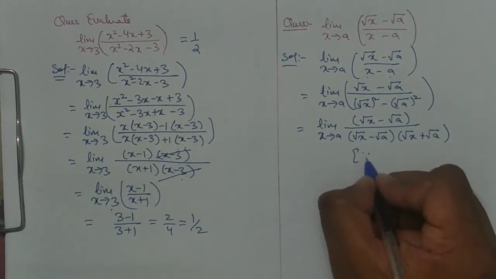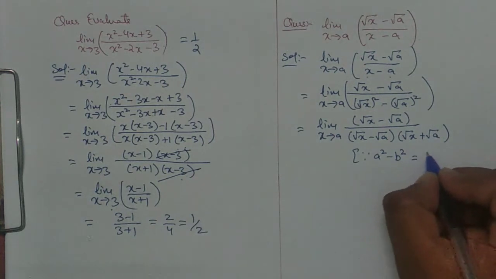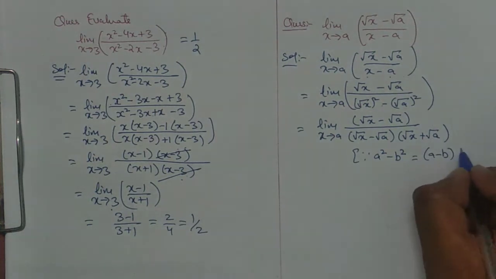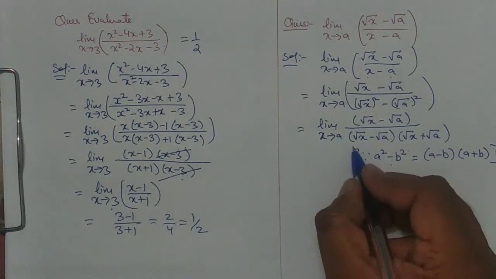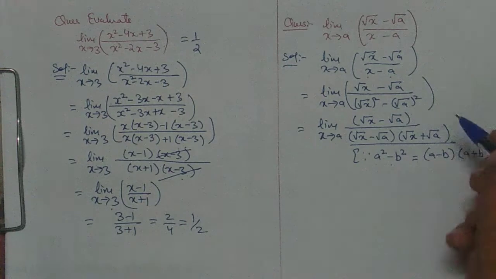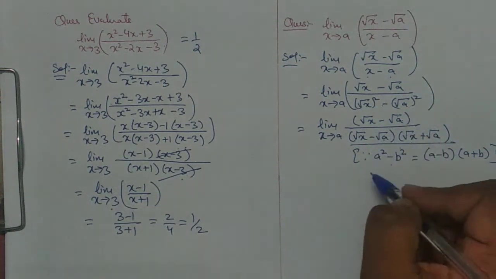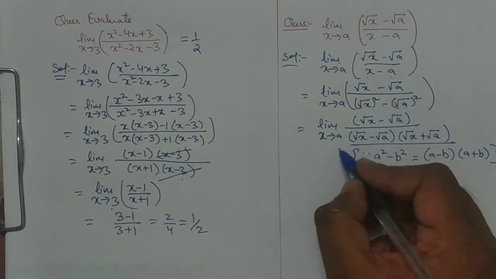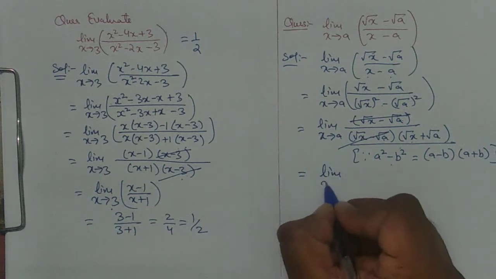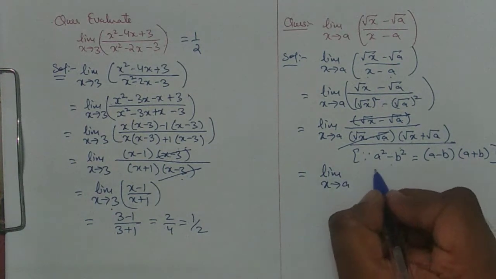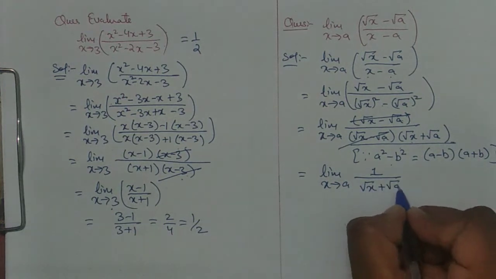Why? Because we know that a square minus b square is equal to a minus b into a plus b. So by using this formula I have got this expression. Now see, in numerator and denominator both, root x minus root a are common, so they will cancel each other. I have limit x tends to a, 1 upon root x plus root a.